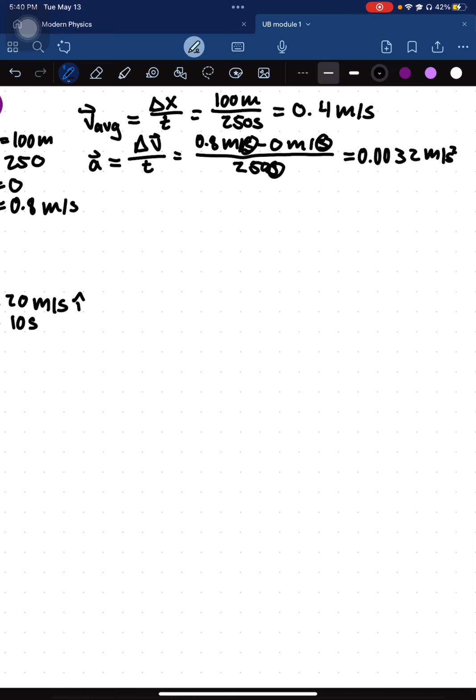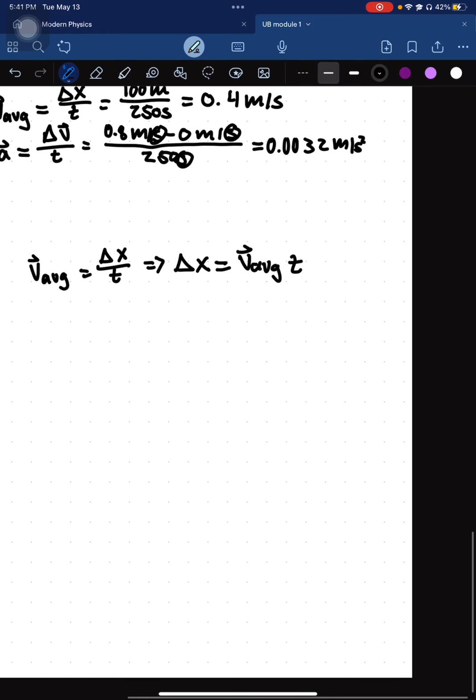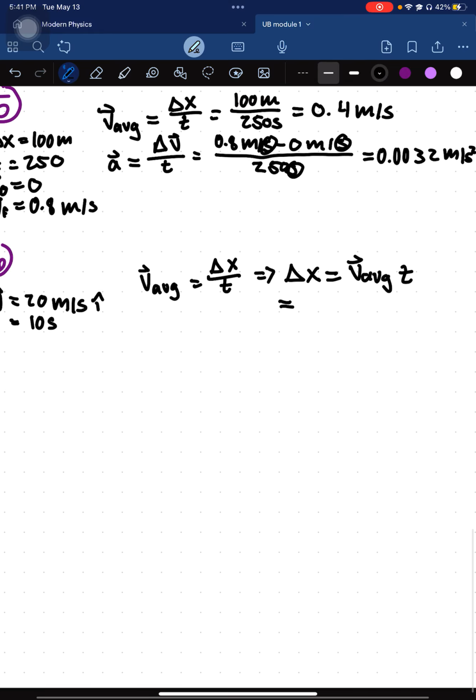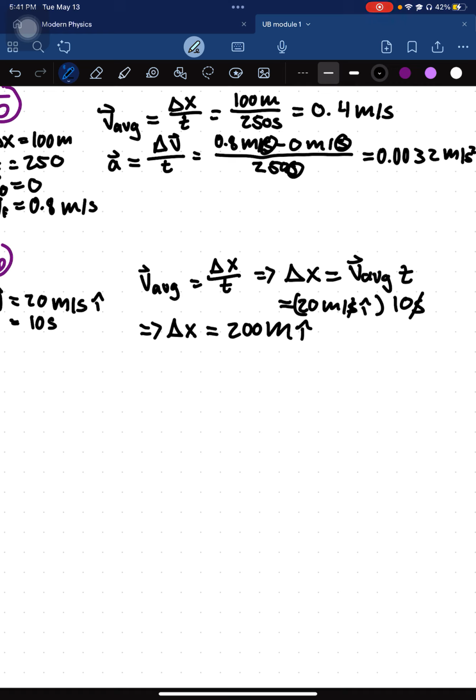We want to find delta X. Well, we know that V average is equal to delta X over T. This implies, doing some algebra, that delta X is equal to V average T, which in our case is equal to 20 meters per second I hat times 10 seconds. Our seconds are going to cancel out. This implies that our delta X is equal to 200 meters I hat.